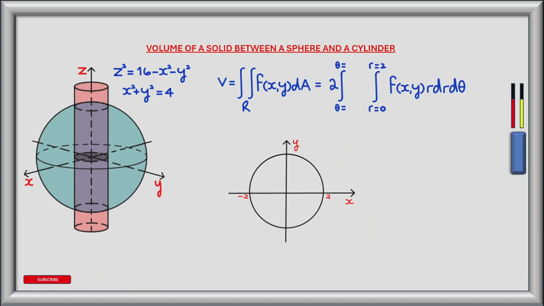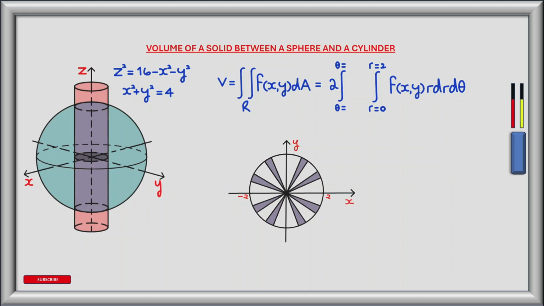To do this, let's first visualize the scenario as r rotates about theta across the region R. As r rotates, it begins at theta equals 0 and advances 360 degrees or 2 pi radians around the circle. Each sector represents an angle of d theta.